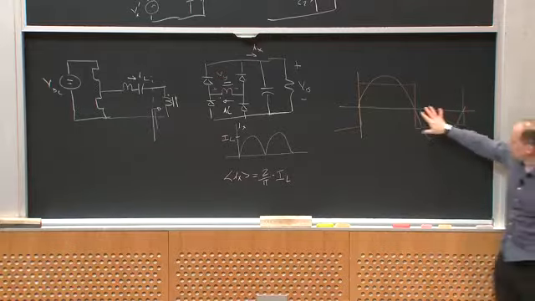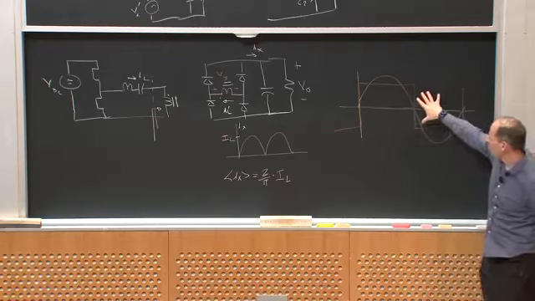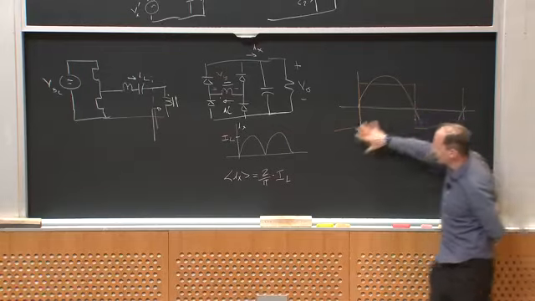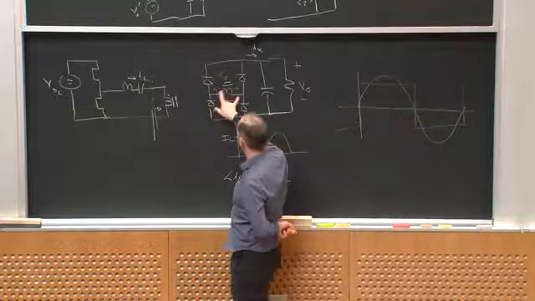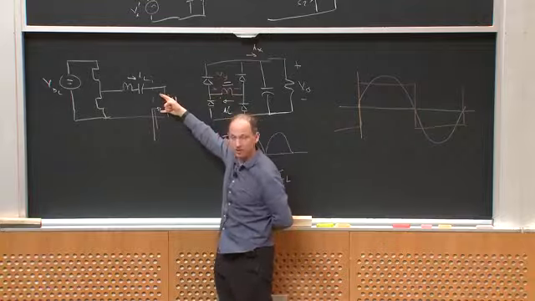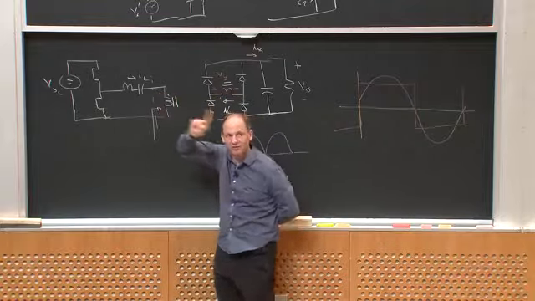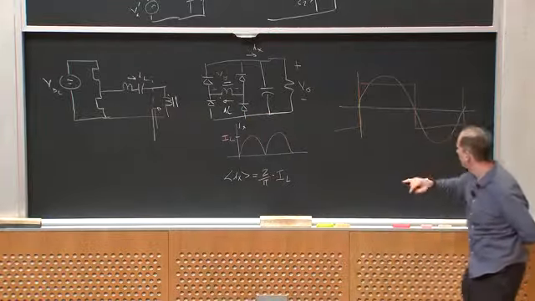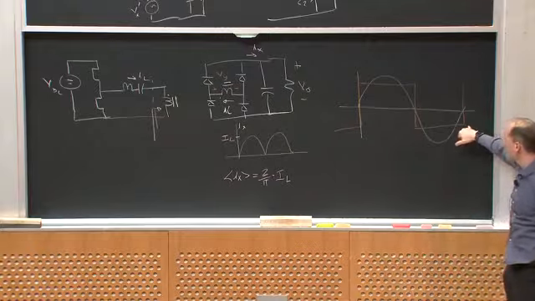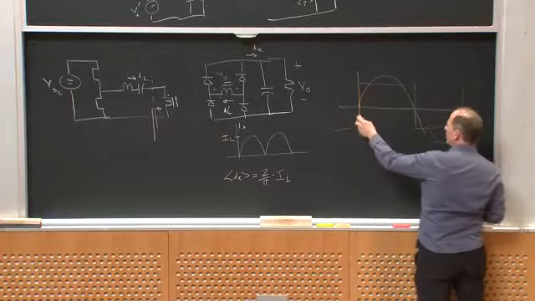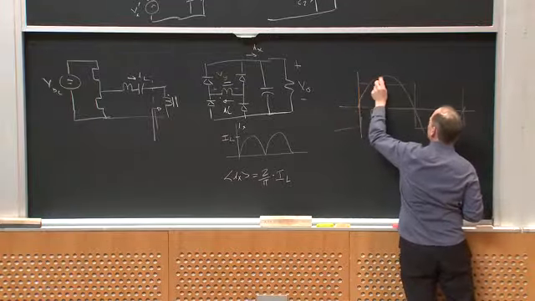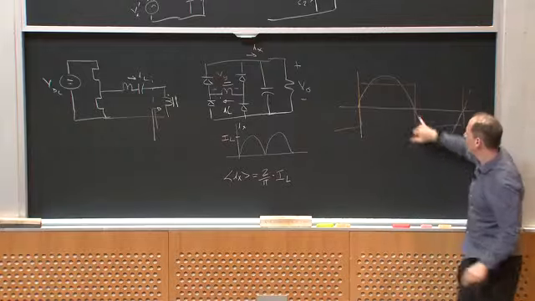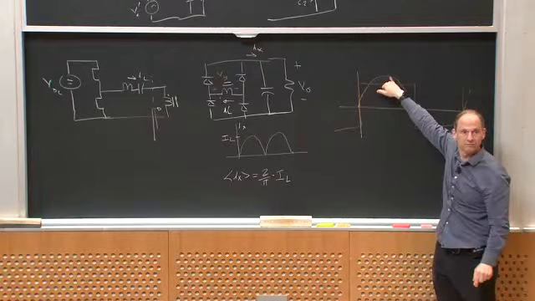So the current into the rectifier generates a square wave voltage, but I'm only transferring power in this network. The fact that there's a square wave voltage here and here doesn't matter. It's the fundamental component of that voltage that matters for power transfer. The fundamental of this orange square wave looks something like this, right? It's exactly in phase with the current.